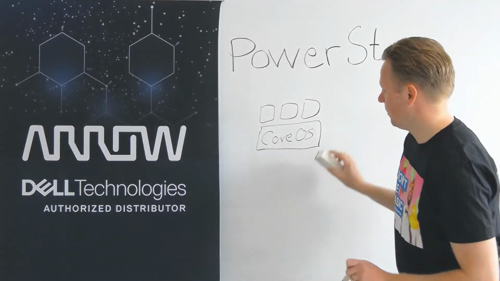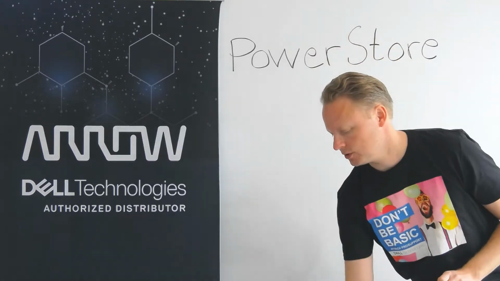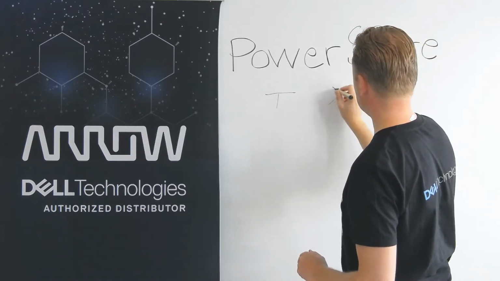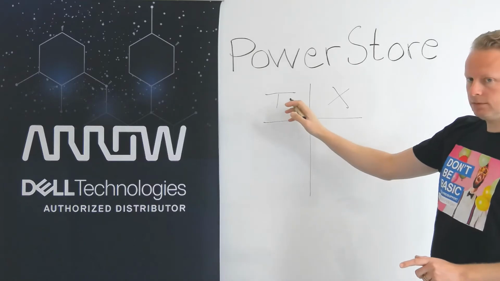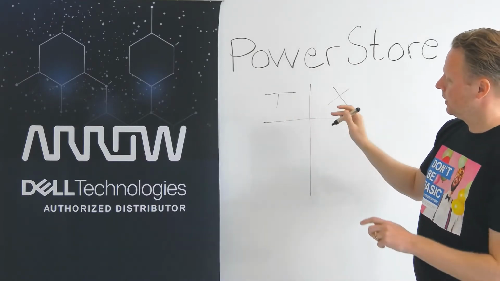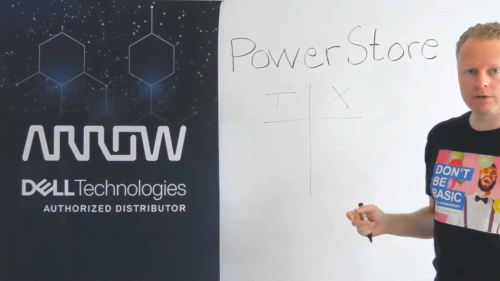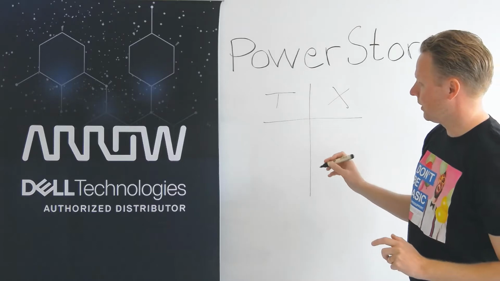And there are 2 models or versions of the PowerStore. It's the T model and the X model. In the PowerStore T model, the containers are running on Core OS, a container optimized operating system, and Core OS is running on bare metal.